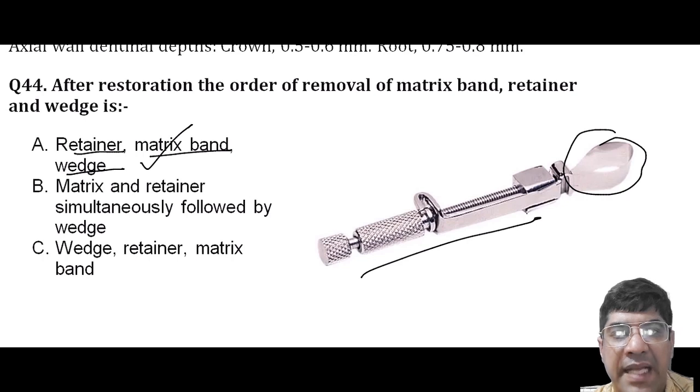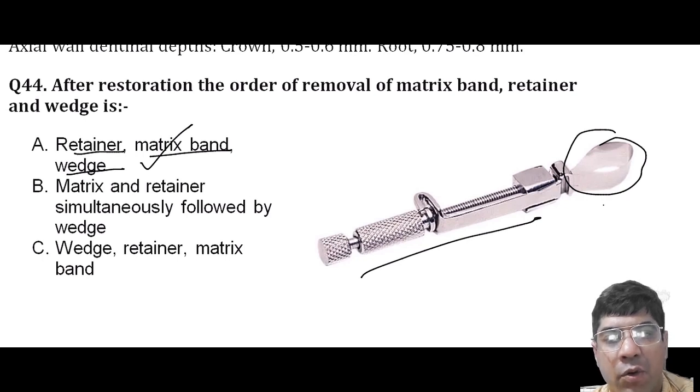So you have to detach the retainer from the band. This is done while the wedges are in place. While removing the retainer, it is essential to stabilize the matrix band, so place a fingertip on the occlusal surface of the restored tooth to prevent sudden movement or torquing.